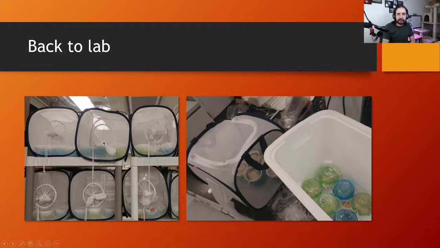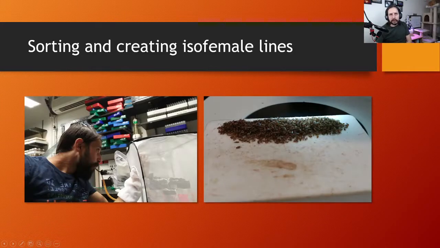So back to the lab. After collecting flies, I bring them back to the lab and release them into these cages. You see there are a lot of them. Then I sort them out.